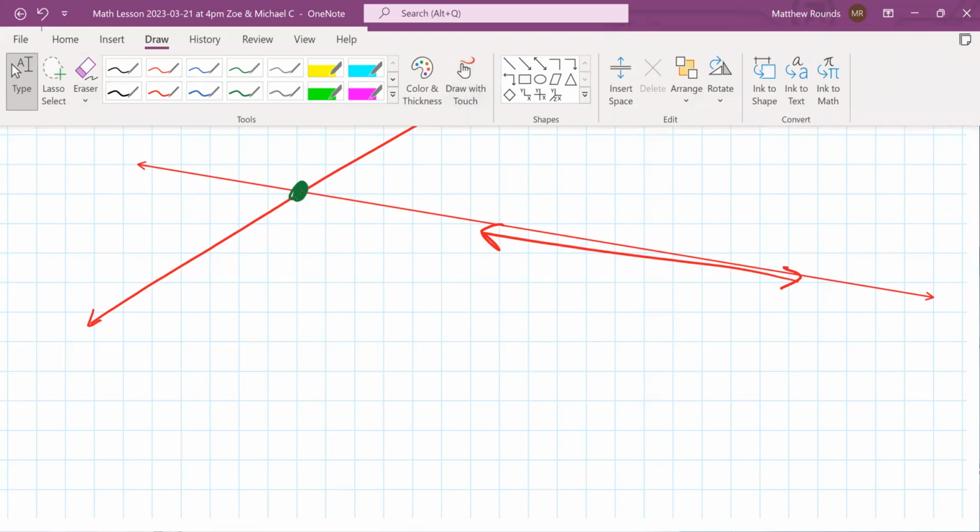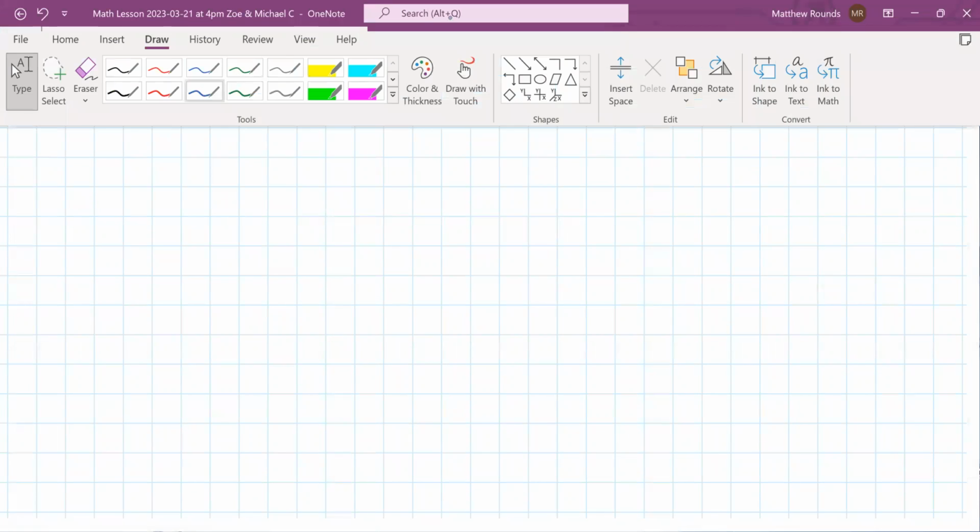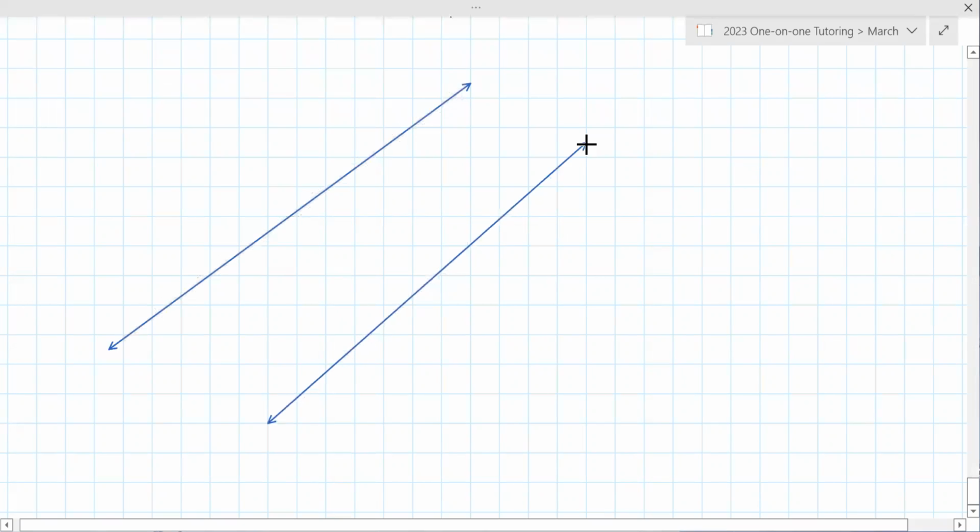So let me look at another example here. Let's go blue. All right, so here's a line, and let me grab another line. Here's another line. Do you think that these will ever intersect?